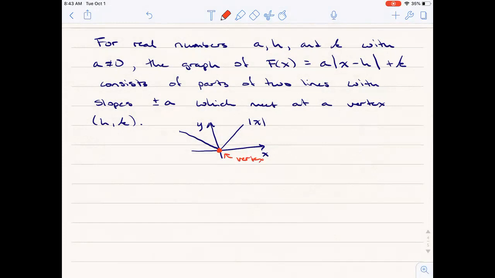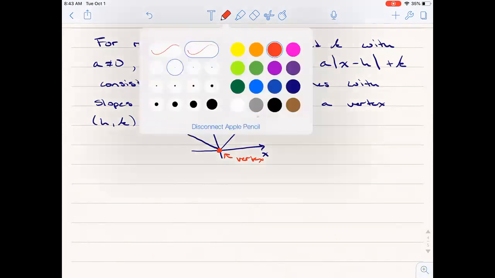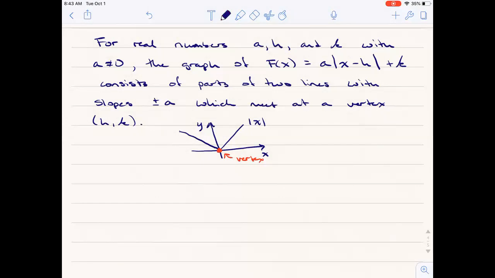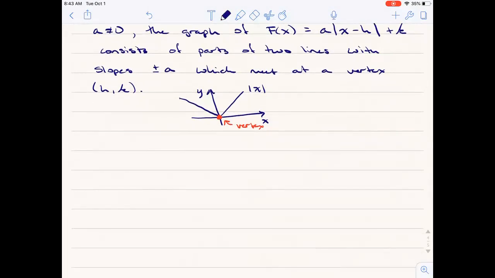So we've just got two straight lines. Well, my straight line wasn't that good on the left-hand side, but the right-hand side's great. With the same slope, one's in the positive direction, one's in the negative, and they meet at the vertex. And the vertex from that formula is going to be h, k.